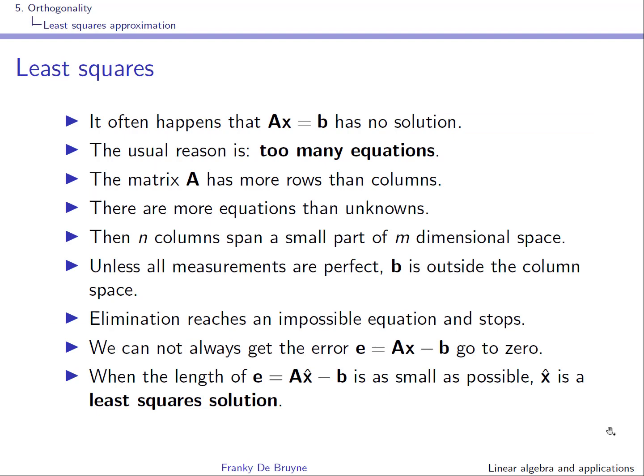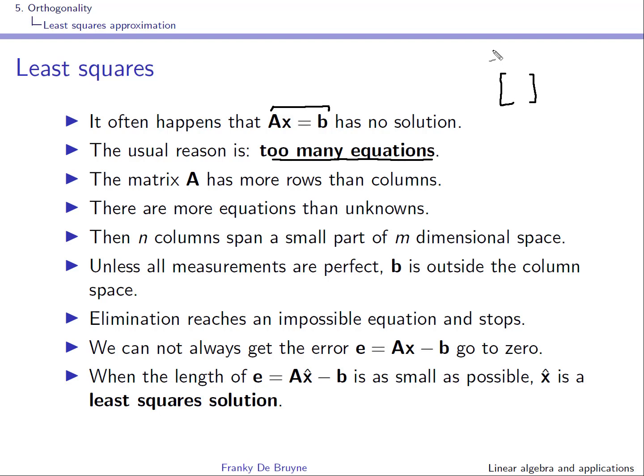So we are using this now to find what is called a least squares approximation. Very often you end up with systems of equations Ax equals B where there is no solution. There are too many equations for the number of variables that you have, and A is a tall matrix.